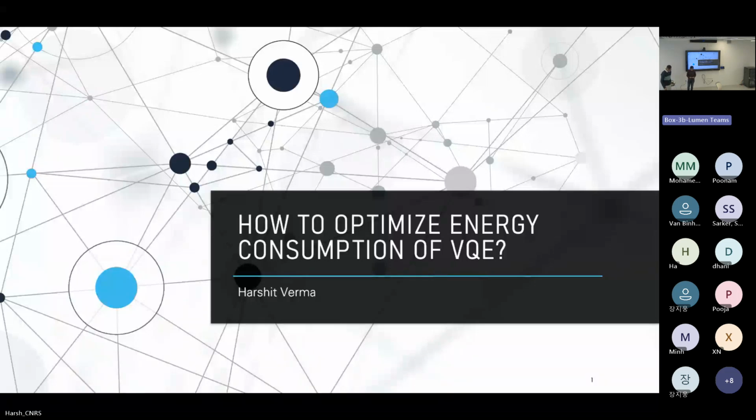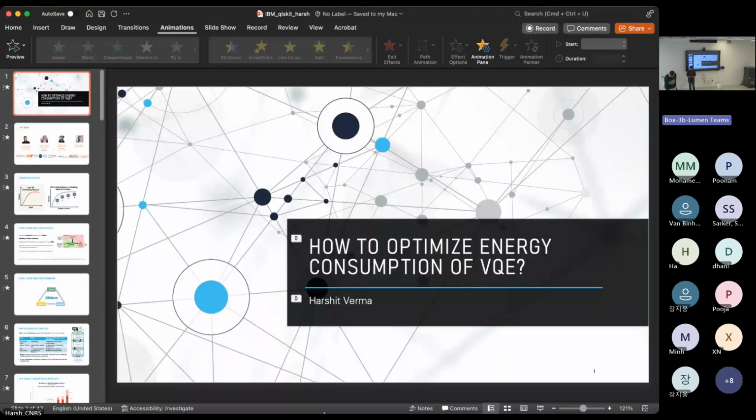He went on to complete his PhD in physics at the University of Queensland, Australia in 2023. Currently, he is a quantum computing researcher based in Singapore and affiliated with the Center for Quantum Technologies at National University of Singapore and CNRS here. His research spans quantum thermodynamics, causal orders in quantum processes, and the energetics of quantum algorithms. He's going to talk today on how to optimize energy consumption of VQE. I welcome Dr. Harshit.